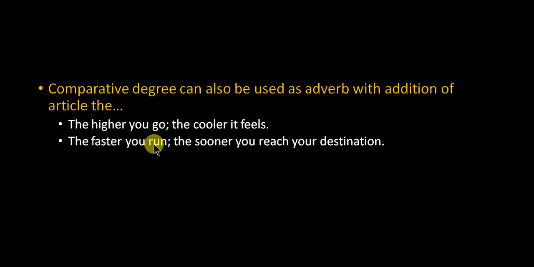If we use a word to qualify the verb, it is called an adverb. For example, the faster qualifies the verb run, so we say it is an adverb. We are not talking about you, we are talking about the action. The faster you run, the sooner you reach your destination. So this is the very special use of the comparative degree with the article the.